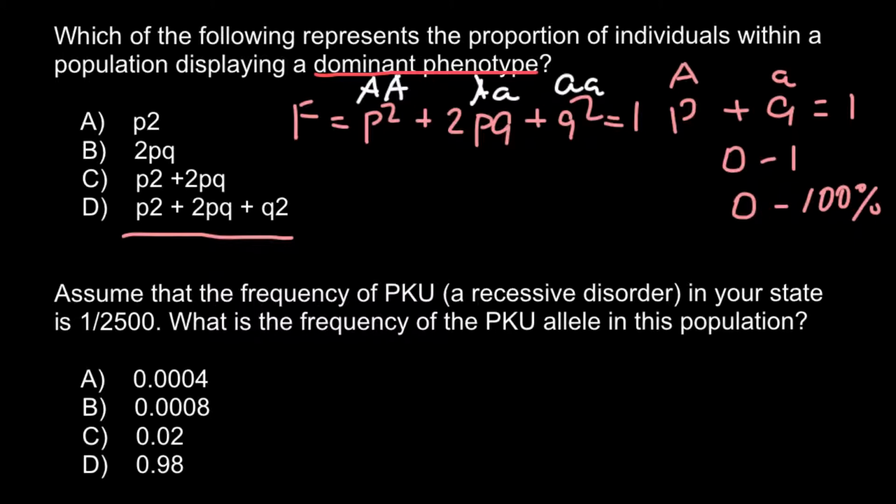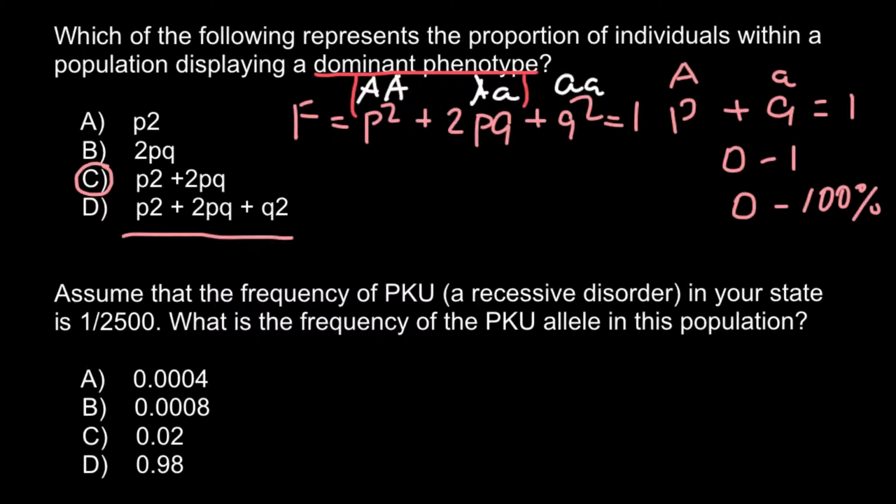According to this formula, these two genotypes, capital A homozygous dominant and capital A small a, make the dominant phenotype. And q squared stands for the homozygous recessive genotype and phenotype. So we have two phenotypes: this would be the recessive phenotype, and these two would stand for the dominant phenotype. So the correct answer here is answer C.